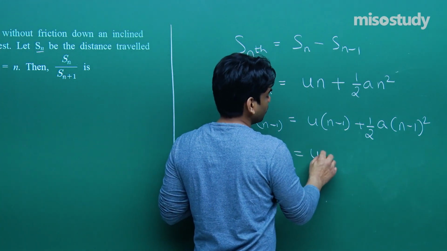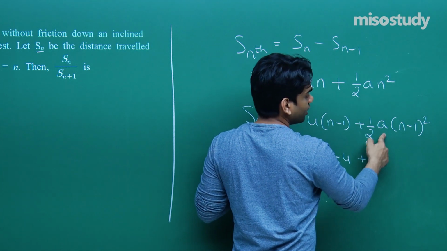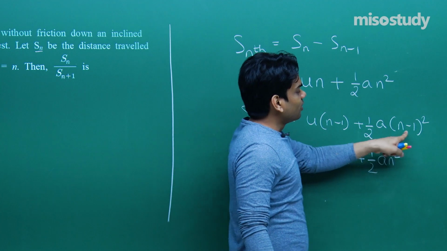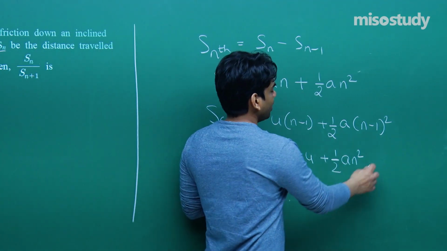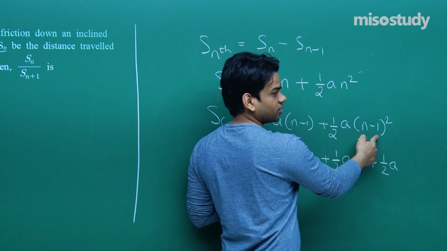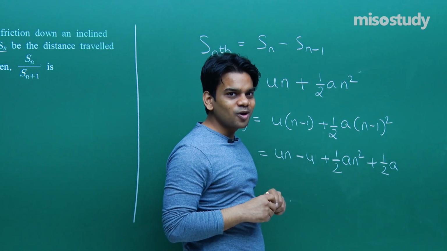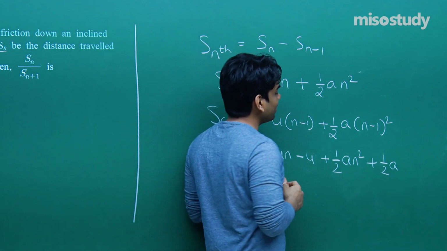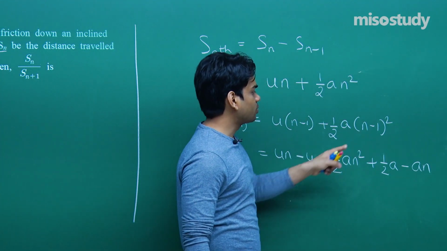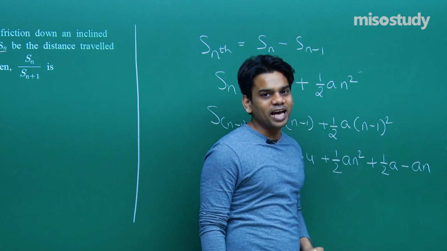This will come out to be un minus u, and from here plus half a, opening the bracket, n square plus 1 minus 2n, so half a times n square, plus half a, then minus 2n into a by 2, the 2 cancels out and you are left with minus an.